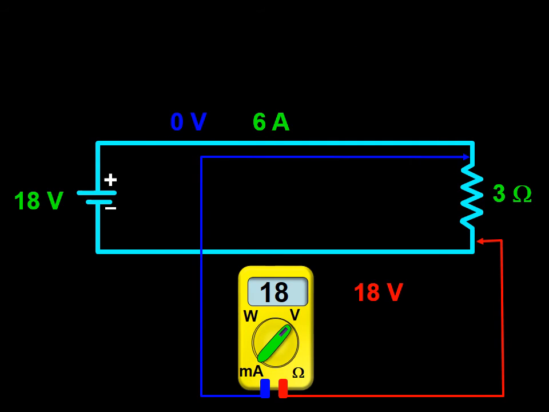If we use the voltmeter again to probe into the two terminals of the resistor in the same fashion as we have done before, the result will be 18 volts. 18 volts will be present where the electrons go in the resistor, and 0 volts will be present where they go out.